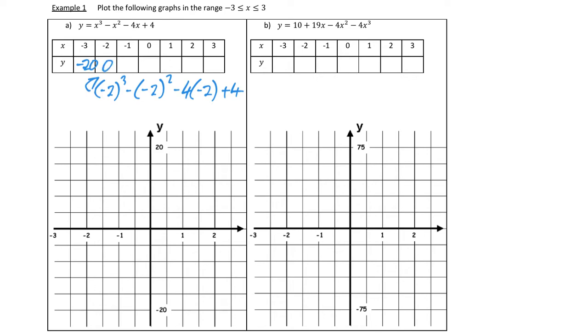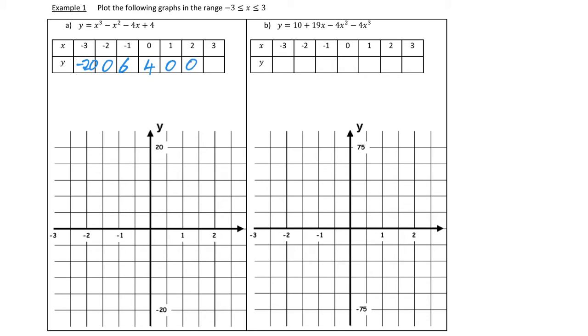And when you do that, you get 6. And once you do that for all of the remaining points, when x equals -1, the corresponding y value is 6. When x equals 0, the corresponding y value is 4. X equals 1, y is 0. When x equals 2, y is also 0.